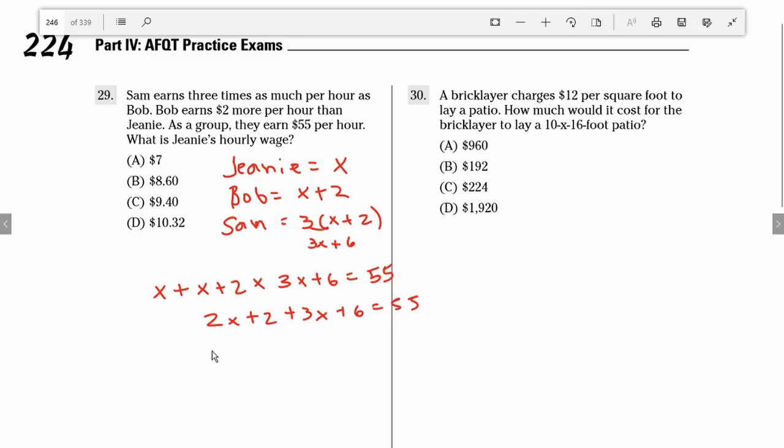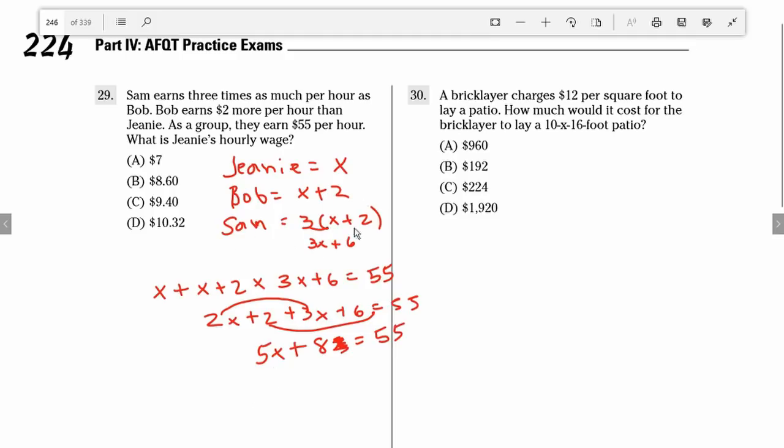Let's combine some more like terms. 2x plus 3x is 5x. 2 plus 6 is 8. So we're left with 5x plus 8 equals 55.